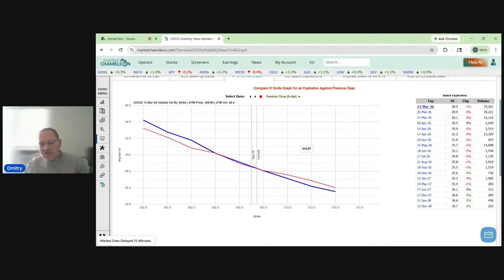And what we see here are two lines. One, the blue line over here, shows us the implied volatility for each of the strikes below. So you could see the skew: as you go lower in strikes, the implied volatility increases. As you go higher in strikes, the implied volatility decreases, which is kind of a typical skew for a lot of stocks.